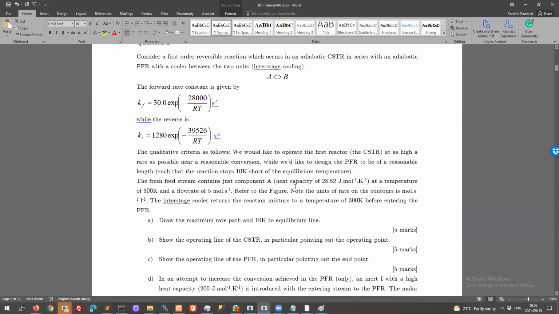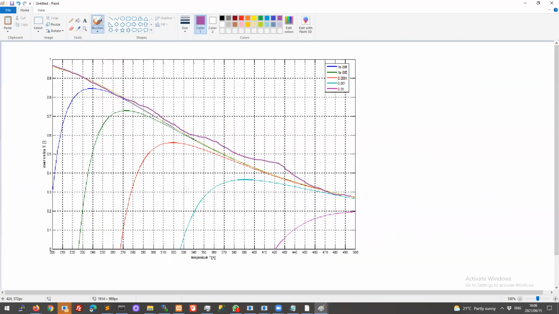A fresh feed enters the reactor with a temperature of 300 Kelvin. So here's 300 down here. And if it's the feed stream, then conversion is 0. So you've got conversion here, and here's temperature. We are given that we are entering at 300 Kelvin, so that defines our starting point to the reactor.